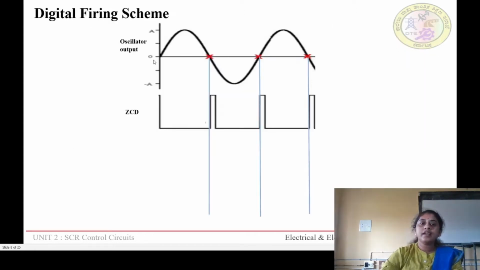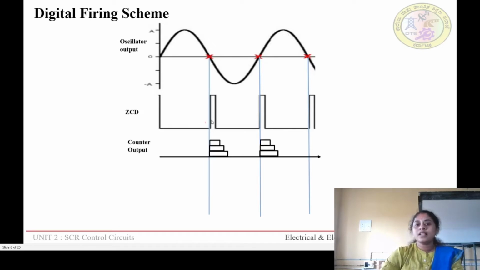You can see here the oscillator has produced continuous sinusoidal waveform. At each zero crossing, a ZCD pulse is produced. Once the ZCD pulse is received, the counter starts counting down. Once this count reaches 0, an overflow signal is triggered by the counter.